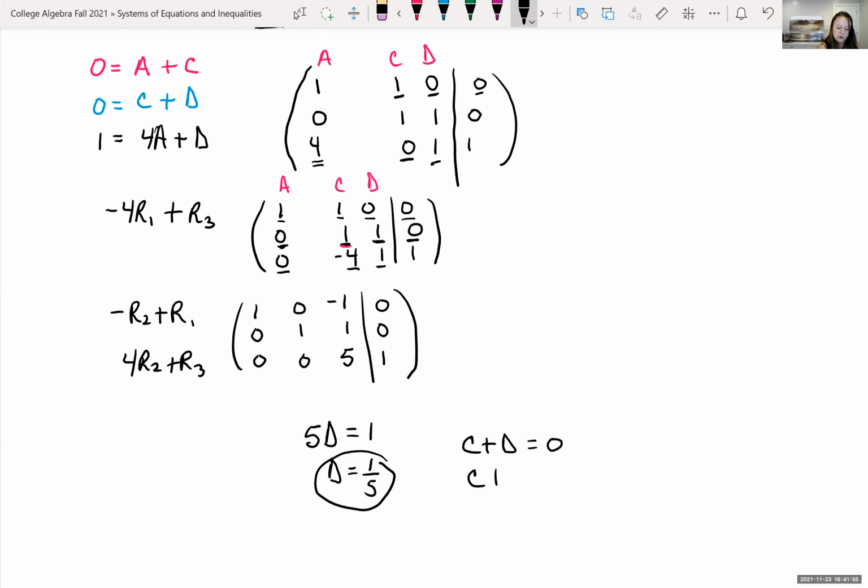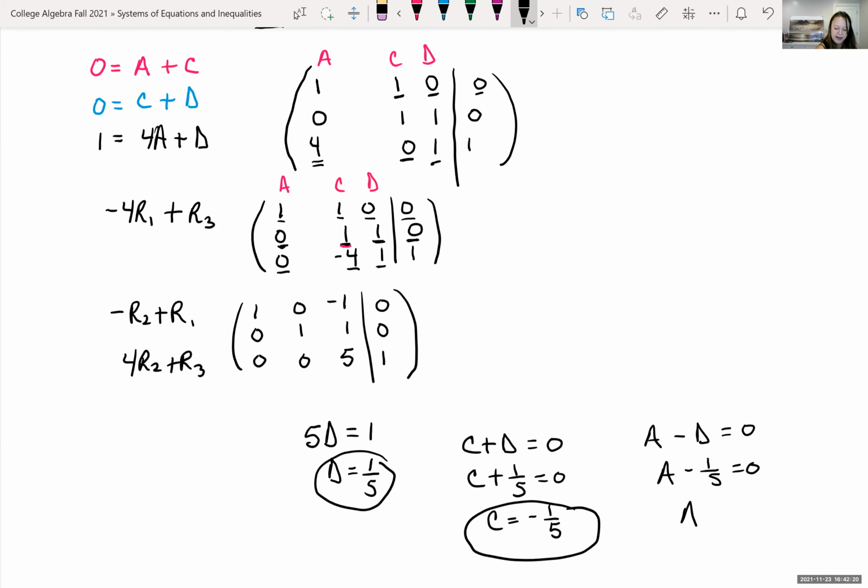So C plus 1/5 equals 0, so C is equal to negative 1/5. And the first row says that A minus D equals 0. Well, D is 1/5, so A minus 1/5 equals 0. So A has to be 1/5.